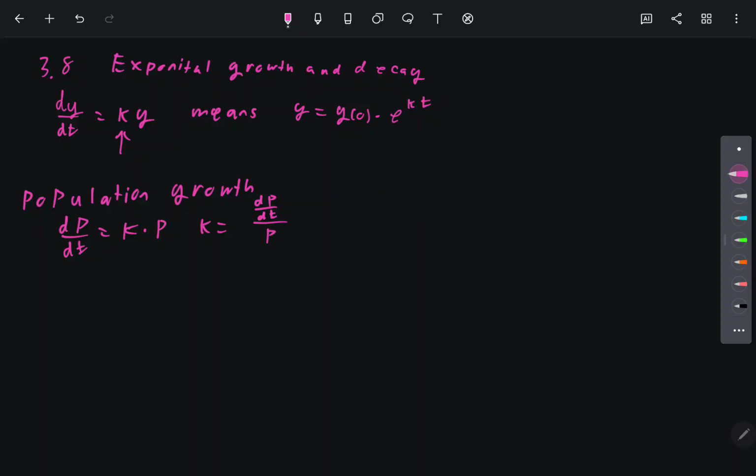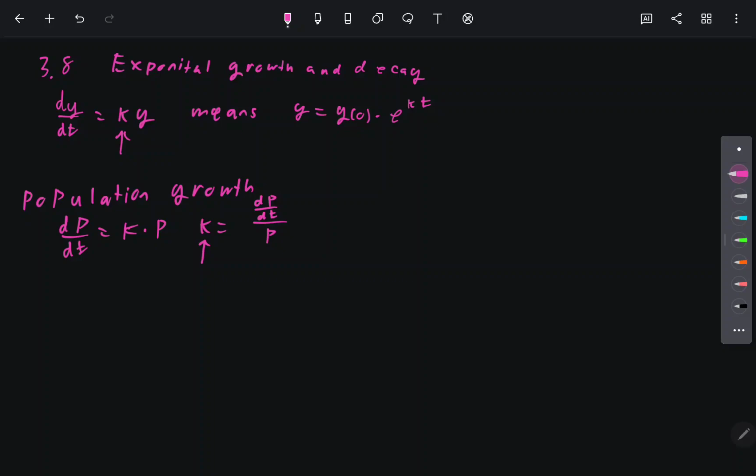Instead, you can say the growth rate is constant, because that is true. It is growing at a constant rate, which in this case, or in the case that I'm about to show you, is in percent.